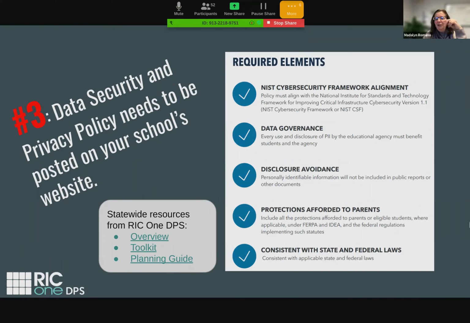Jason, Michael did mention in the chat that the association has a template for building a Parents' Bill of Rights and a data privacy plan. Perfect. There's also, I don't know whether charter schools are part of it, a policy board or contract consortium that has these as well.